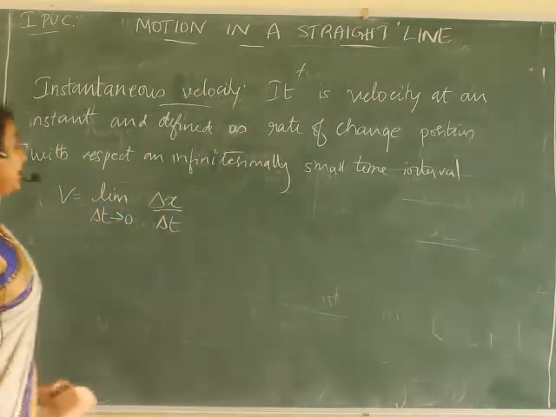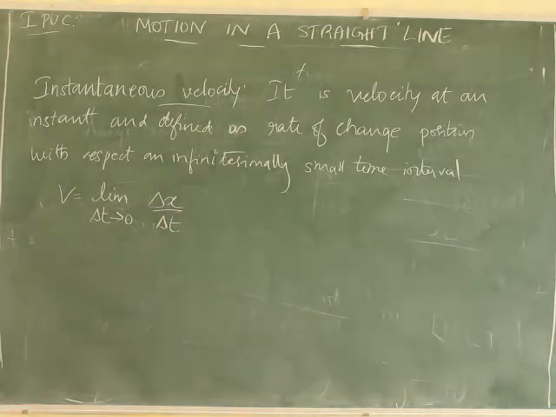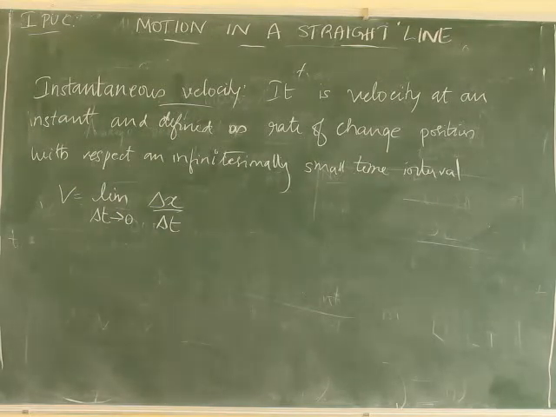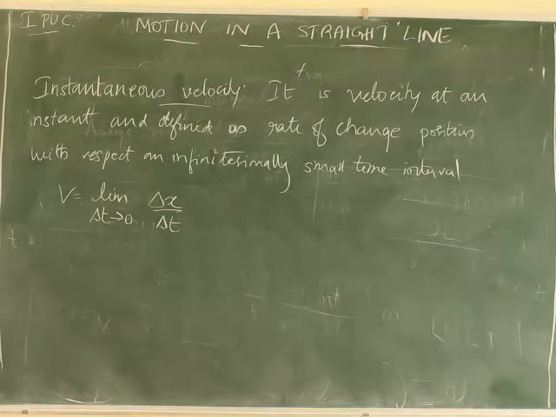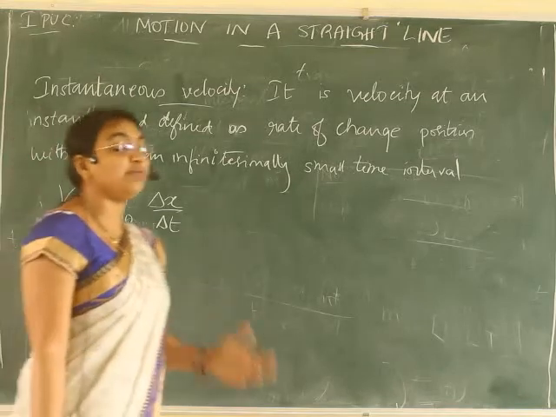Okay, fine. Next, what we are going to speak about is uniform and non-uniform motion. We already spoke about uniform motion. Uniform motion means what? The change in position of the object, correct? If the object is moving in a straight line, it should cover equal distance in equal intervals of time.